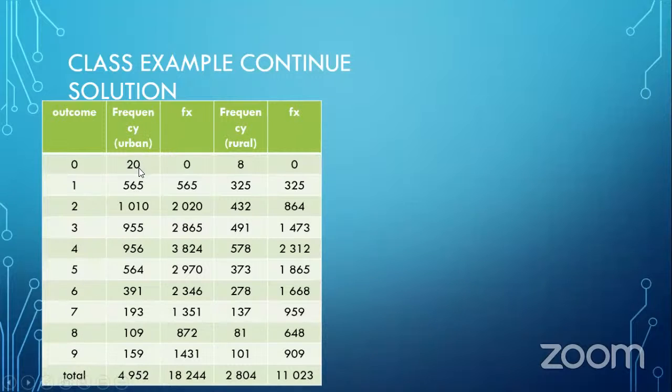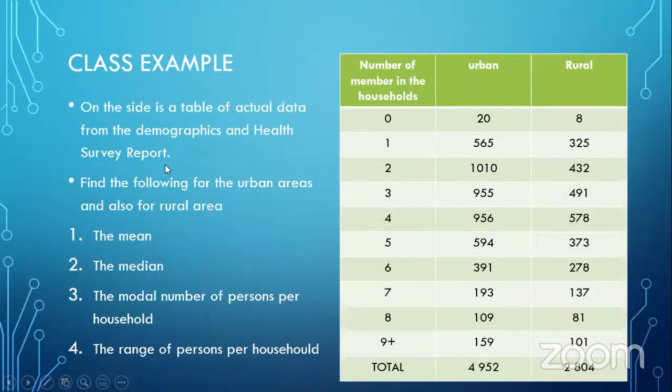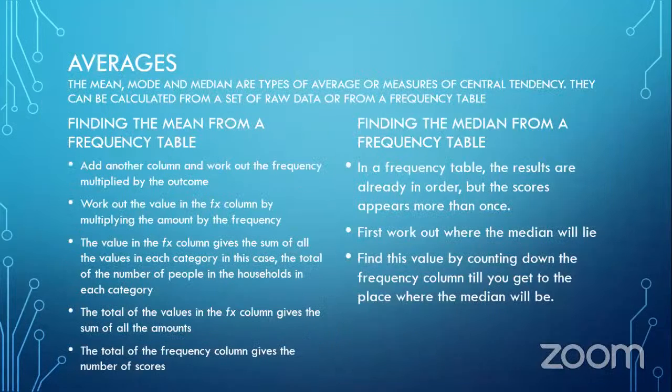You can see the frequency of urban areas. This is where we added a column of f of x, and then this is the frequency. This f of x is for urban, and this one is for rural. It said add another column and work out the frequency multiplied by the outcome.